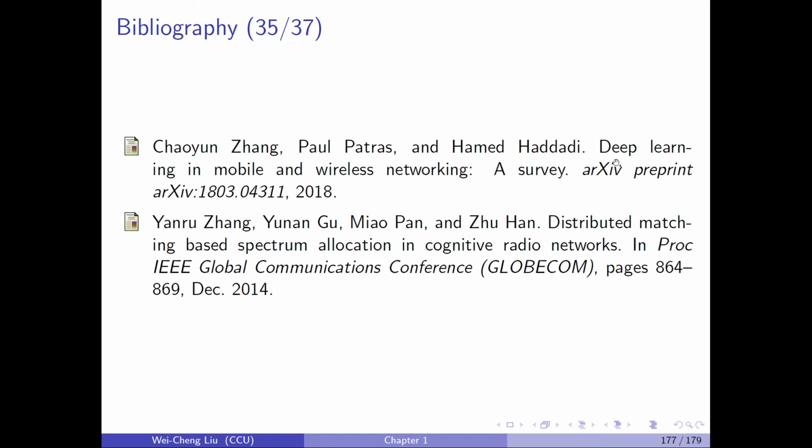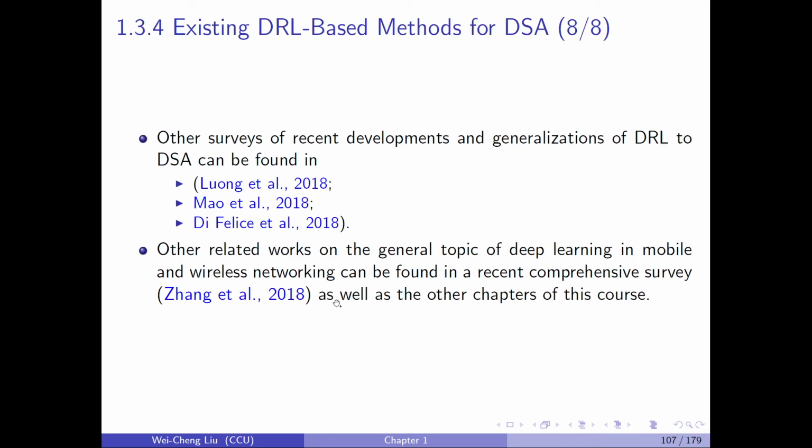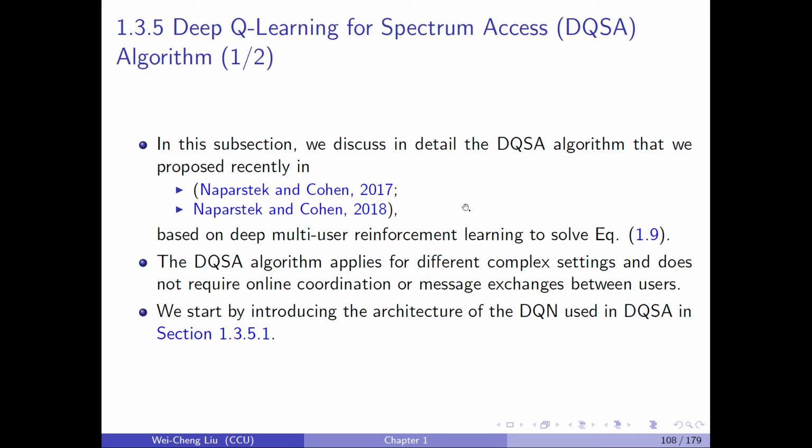The paper title is Deep Learning in Mobile and Wireless Networking: A Survey. This is an arXiv preprint in 2018, as well as the other chapters of this course. Okay.